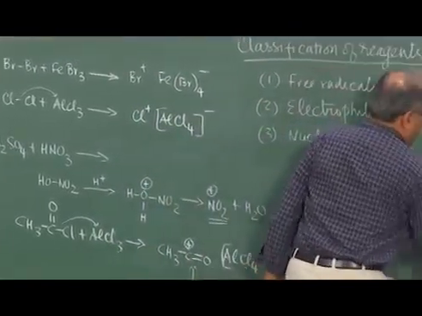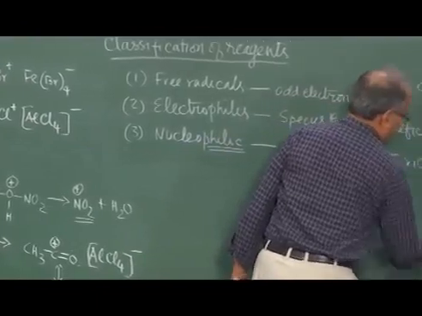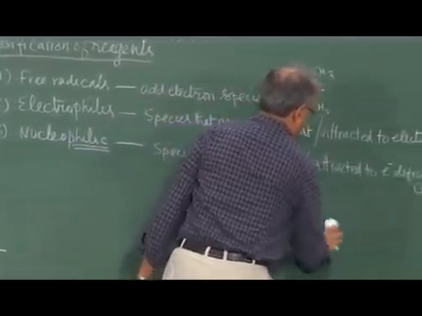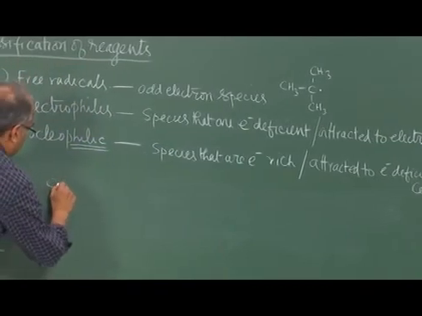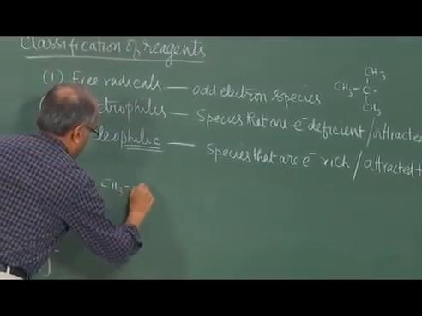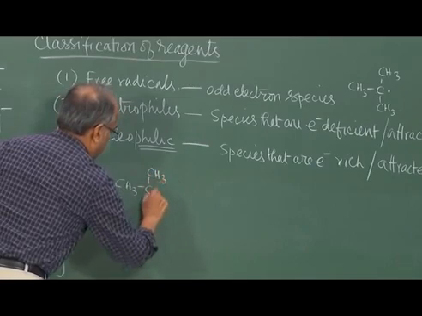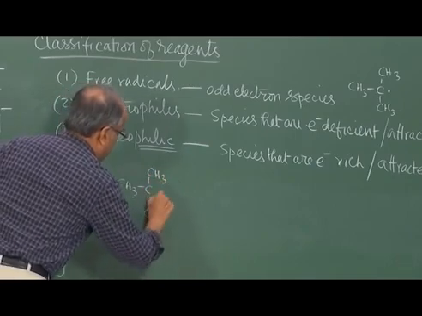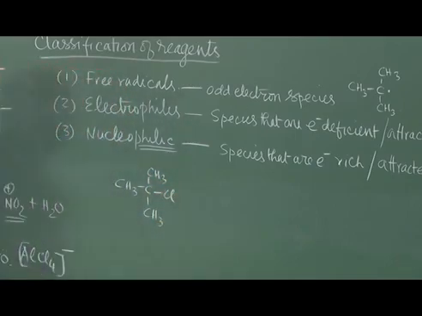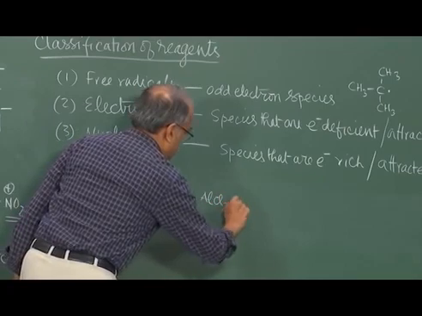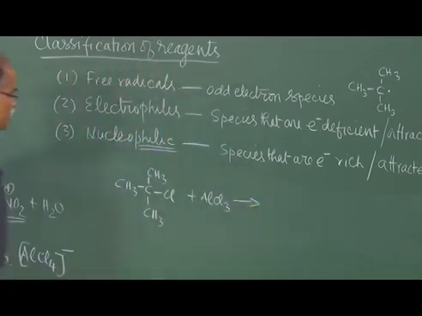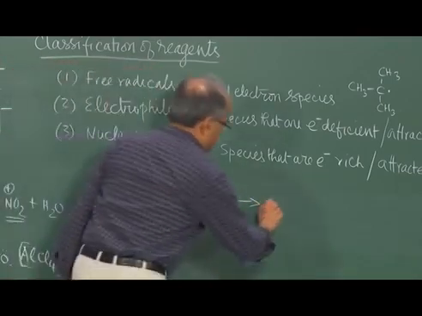A methyl cation is an electrophile because it is electron deficient in nature, and that can also be generated by means of an ionization process. If you take, for example, tertiary butyl chloride and react it with aluminum chloride, you produce the corresponding carbonium ion, which is an electrophile.